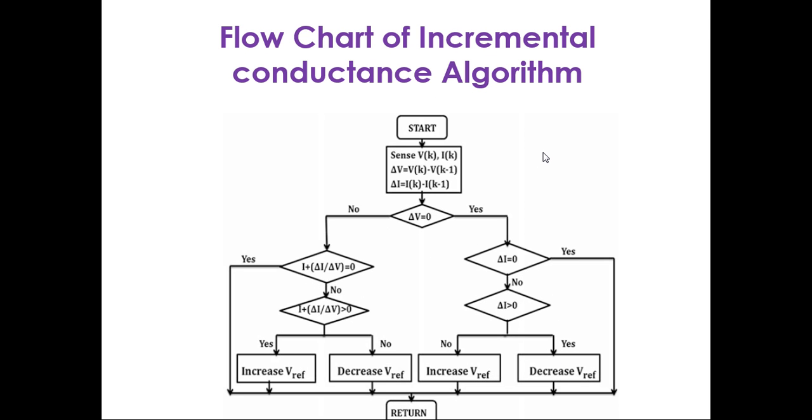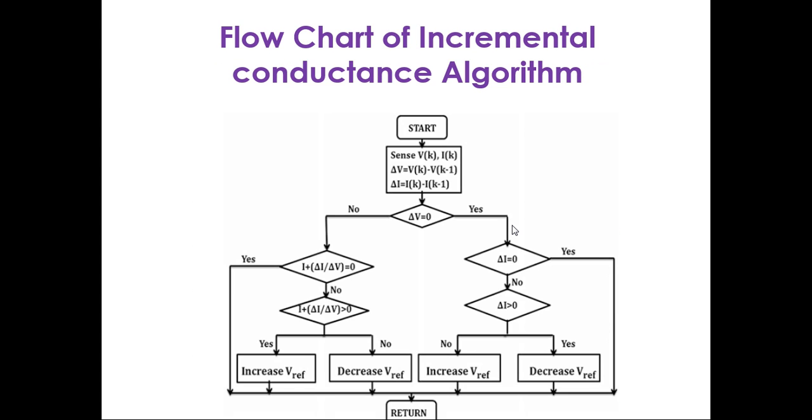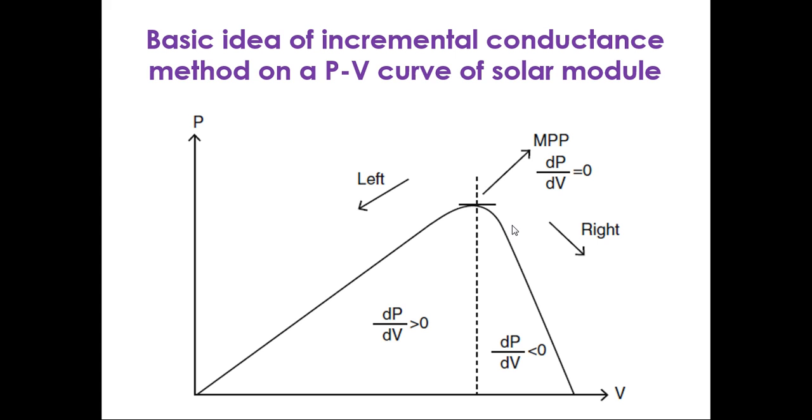So our next concept is the incremental conductance algorithm. In the incremental conductance algorithm, change in voltage is measured, and if you go with the PV curve of the PV module, we look at dP by dV, that is, the derivative of power with respect to voltage.